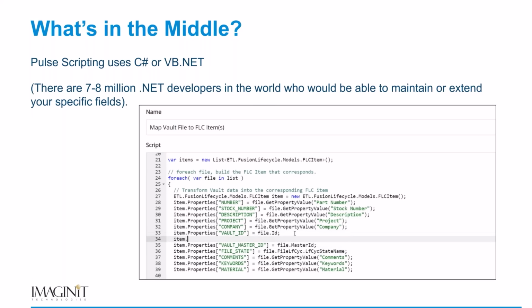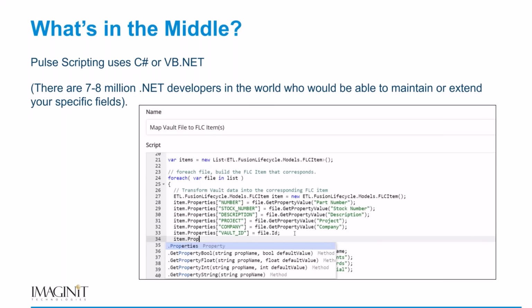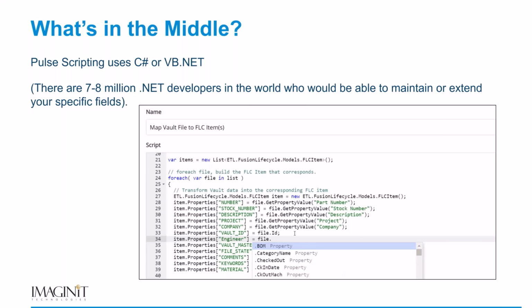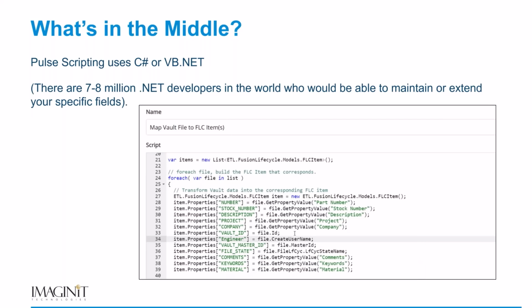So we decided that in order to make our platform more maintainable by more people, the answer was to stick with just .NET programming and try to make it easy.